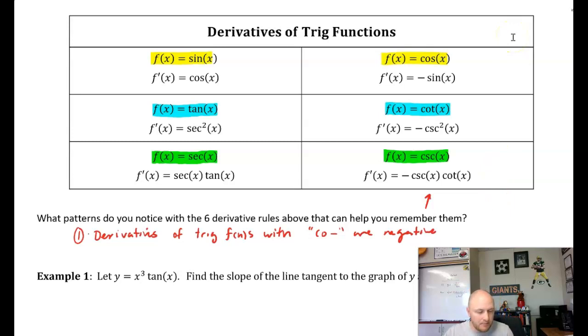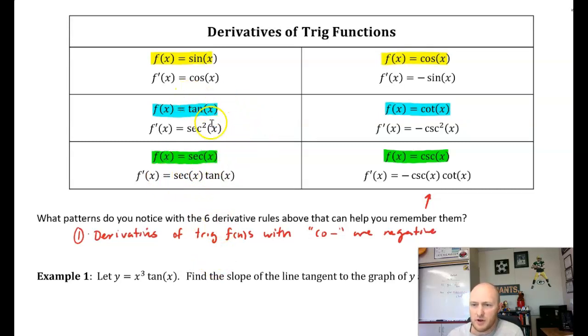You should also notice that there are some connections. We have cofunctions, functions that are connected. Tangent and secant are often paired together. The derivative of tangent is secant squared, and the derivative of secant is secant tangent.